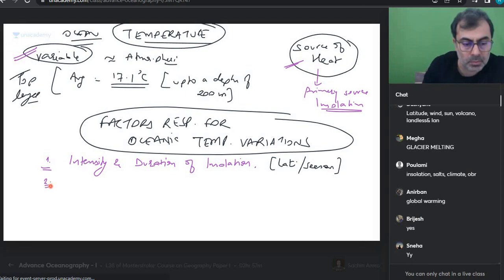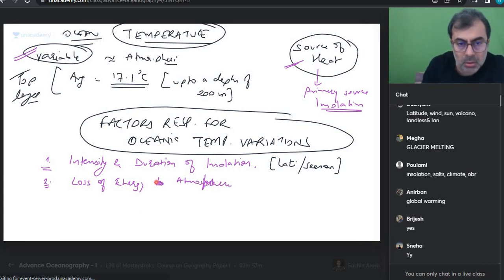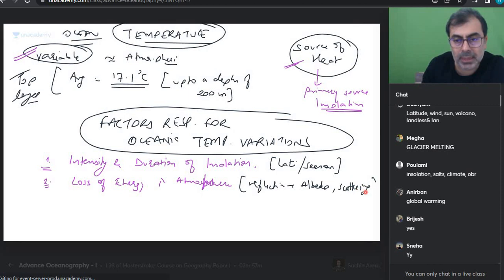Number two. Loss of energy to atmosphere. Or rather, don't make it loss to atmosphere, in atmosphere. So atmosphere is bringing in, yes or no? But can I say reflection, albedo, yes, scattering of light?